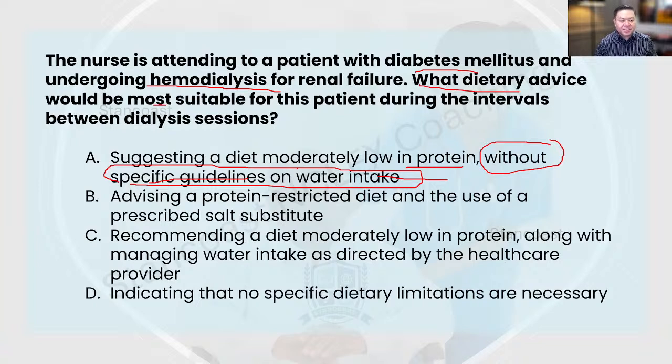Letter B, advising a protein restricted diet and the use of a prescribed salt substitute. Okay, what is that? Advising a protein restricted diet is not the most suitable advice for the patient because while the protein restriction may be necessary, the use of salt substitutes is a problem.